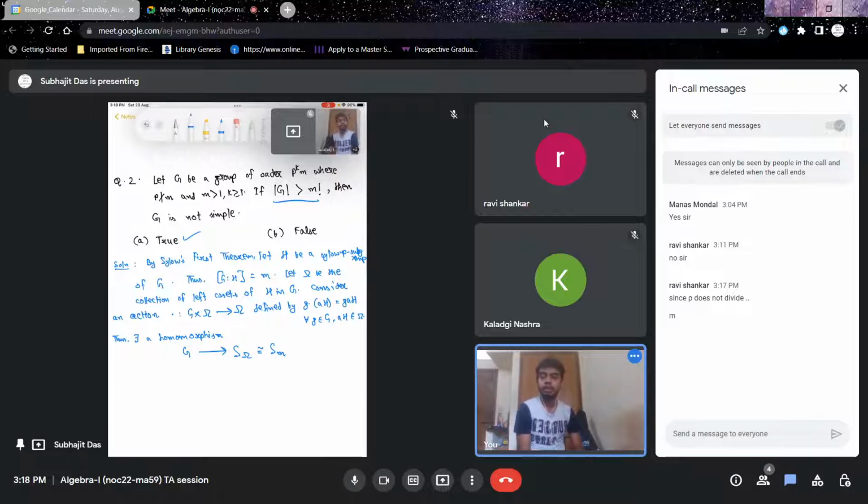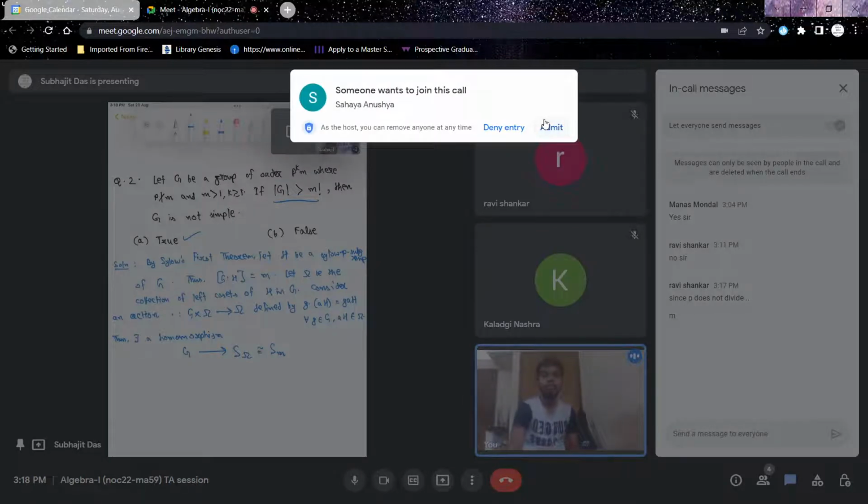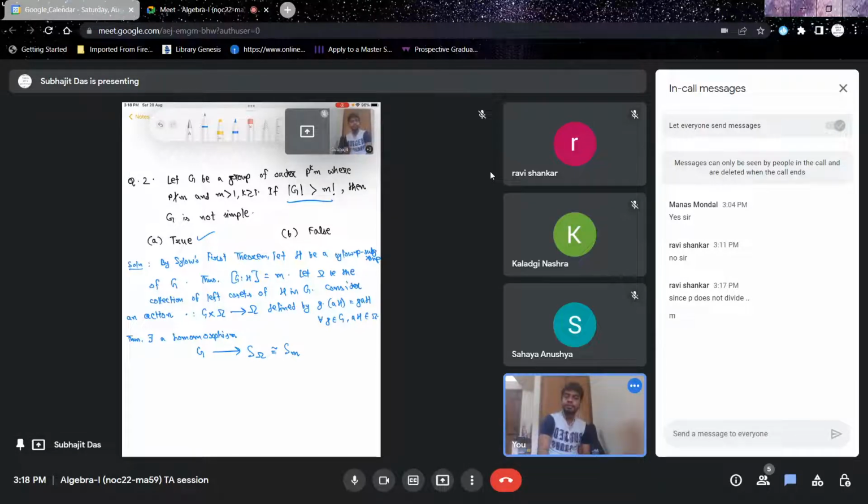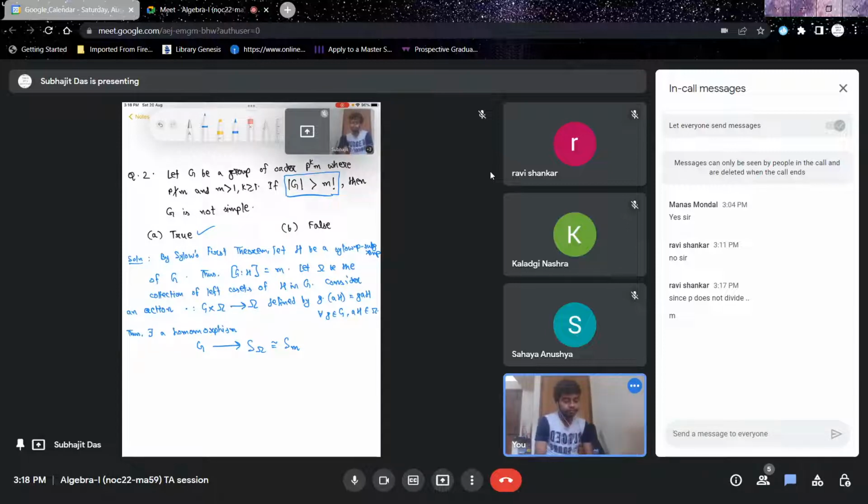But you can't rule that out just because p doesn't divide m, because m might be very large, and m factorial might contain powers of p. So cardinality of G might divide m factorial. You need the fact that the cardinality of G is greater than m factorial. This is what is actually helping you here, not the fact that p doesn't divide m.